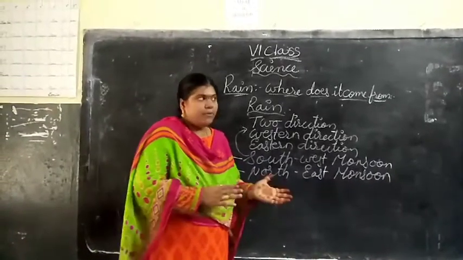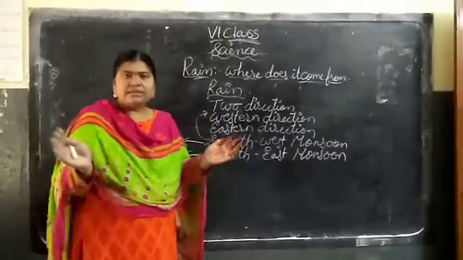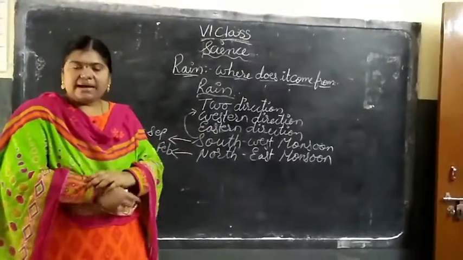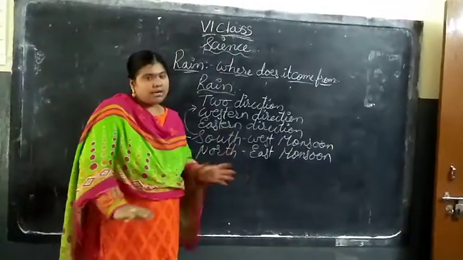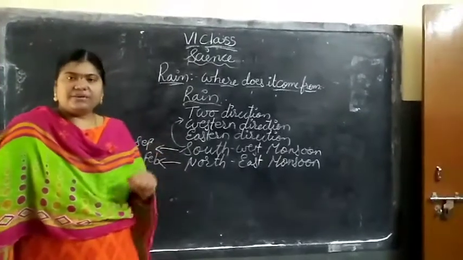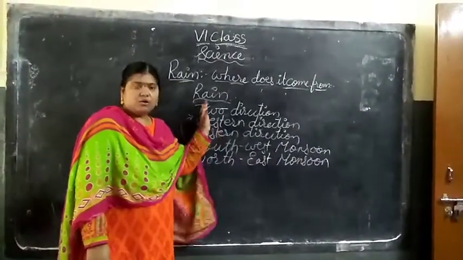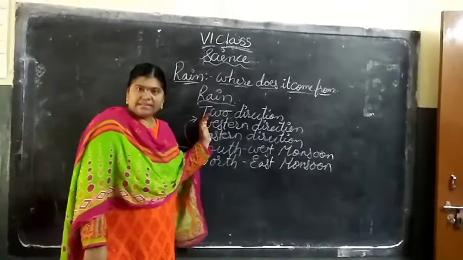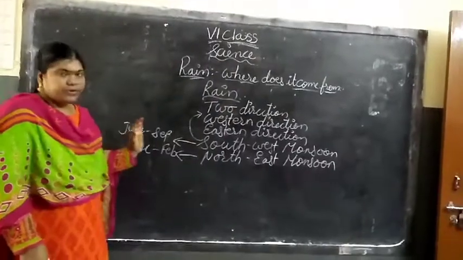We can understand it is a cool winter season, but at that particular time you can see cyclonic effects, not in all places but a few places will be affected by cyclones. Now, got the point? What are the monsoons, what are their directions, and in which months do they happen?